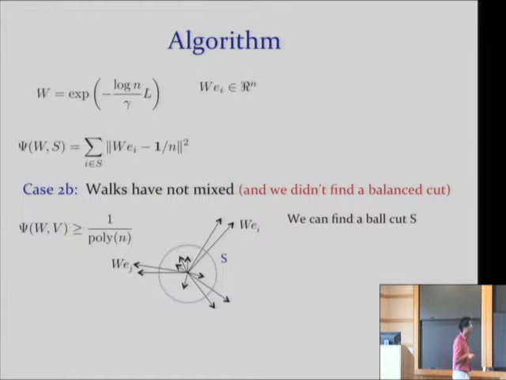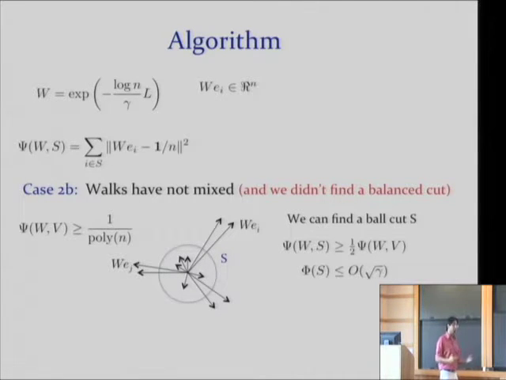You sort of cut off all the small vectors, and the cut consists of the long vectors. So all of these long vectors together, and what do these vectors together satisfy? One, they satisfy that it's a good conductance cut. Second, they actually satisfy that it accounts for most of the reason why your random walks have not mixed.